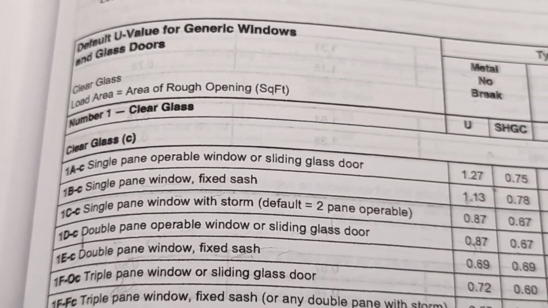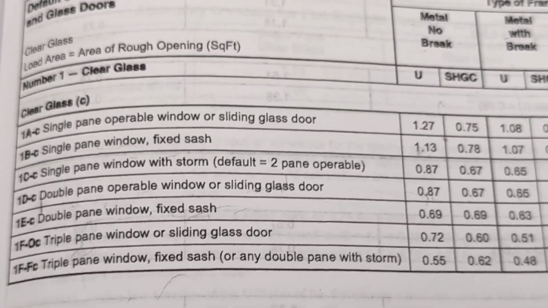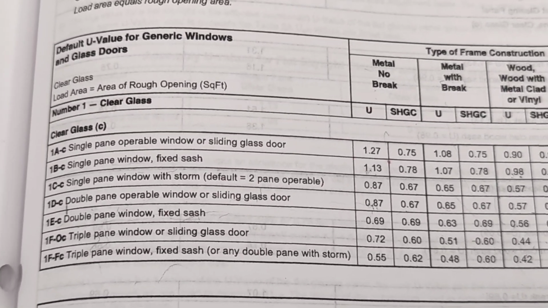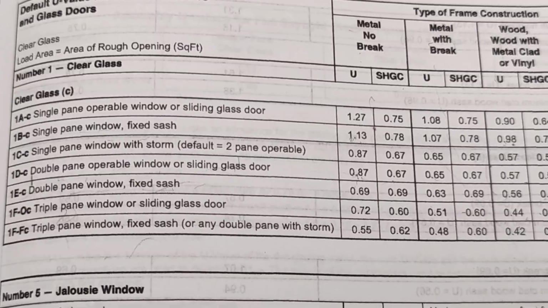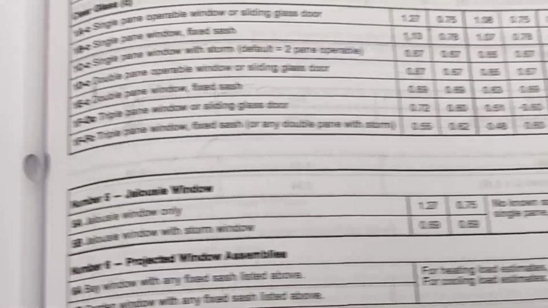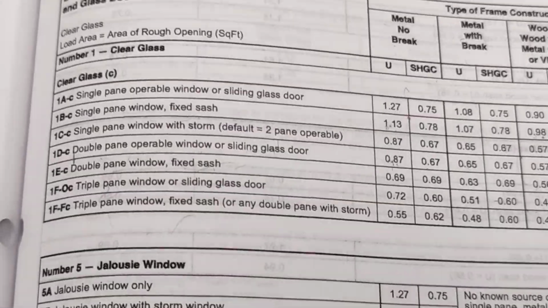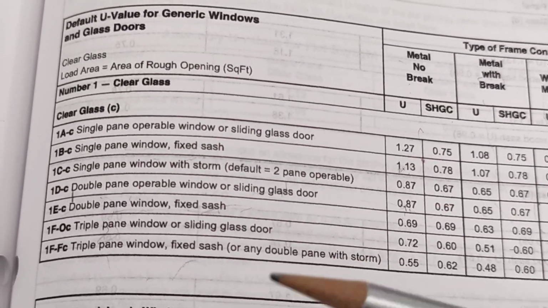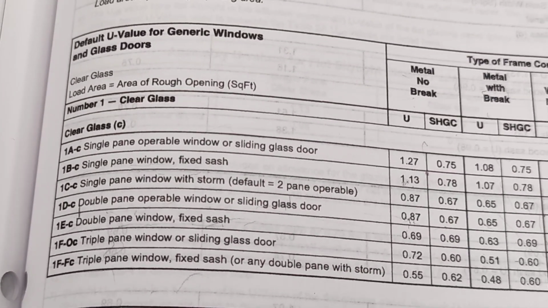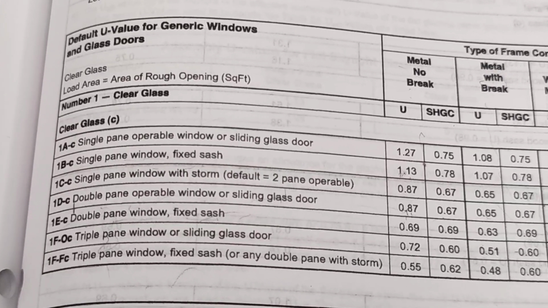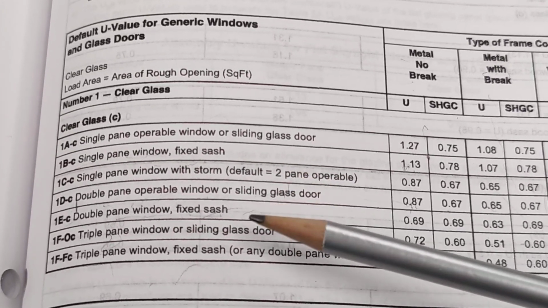Real quick, somebody tell me, what is the U value for a double pane? Let's go with a double pane. Give me one second, let me find something for you.